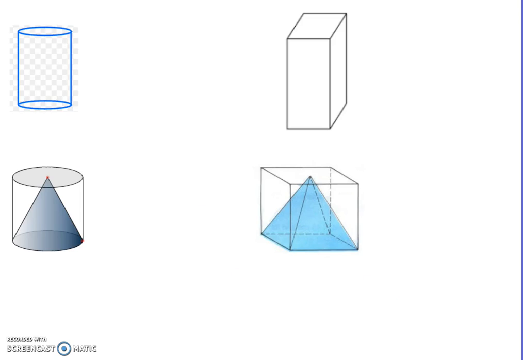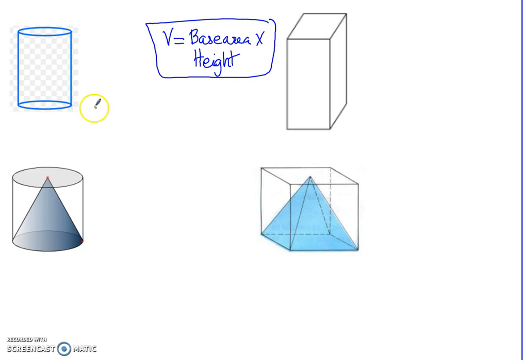The basic formula for the volume of any shape is always base area times height. Here, you look at this shape, this is a cylinder. The volume is base area times height.